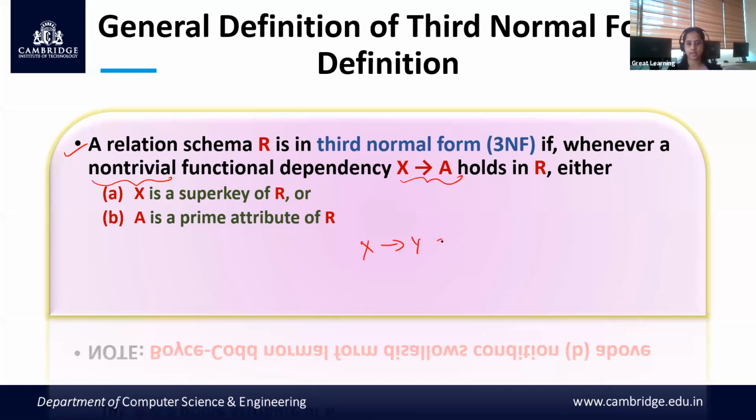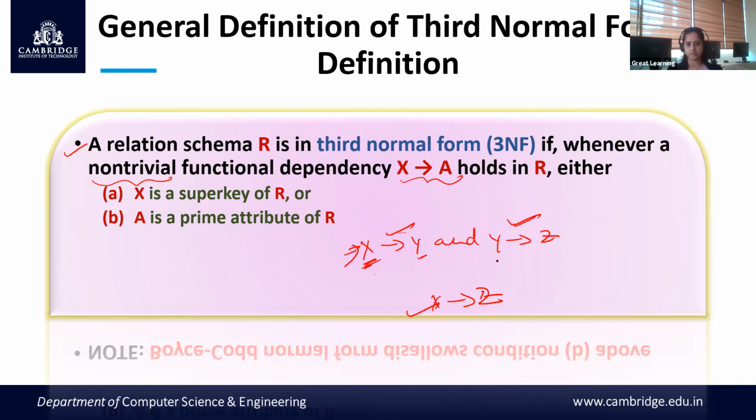X tends to Y and Y tends to Z, so X tends to Z. Right? This is my transitive dependency, and this is my functional dependency. For every functional dependency, either X should be a primary key or super key. Super key is nothing but a primary key and candidate key. Or Y should be a prime attribute. Even this one, this is the primary key, we know that.